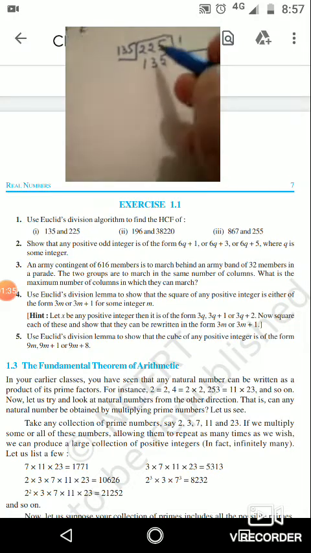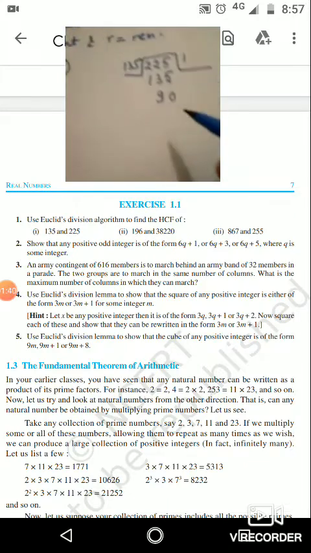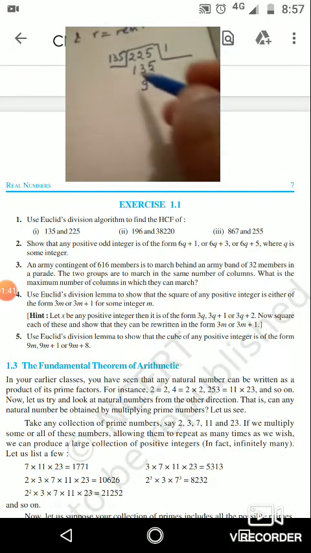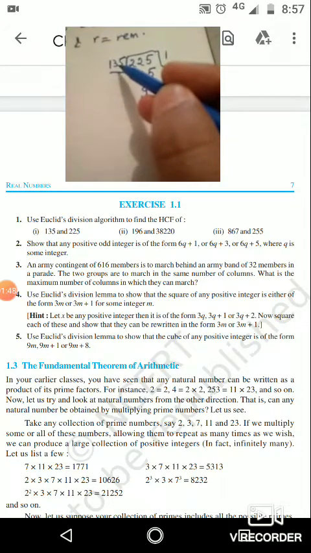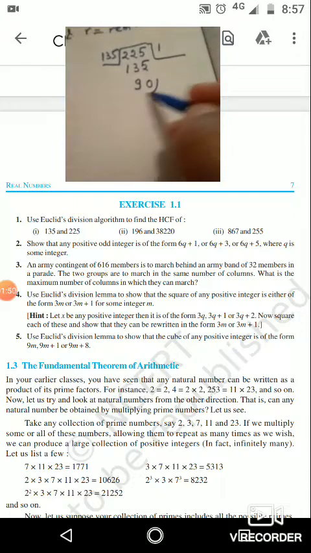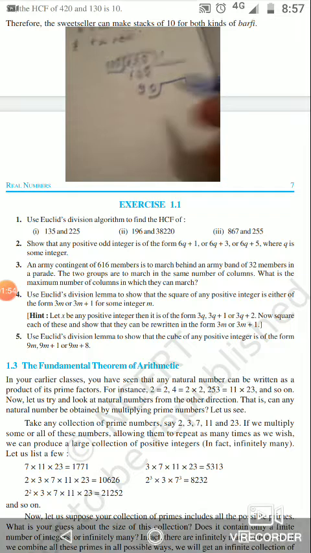Now the remainder is 90. And here you can see this remainder is less than the previous divisor 135. So then 135 comes here.